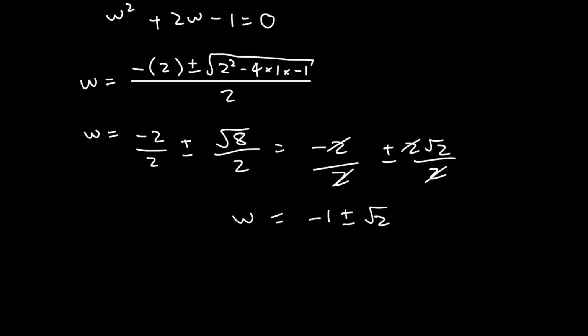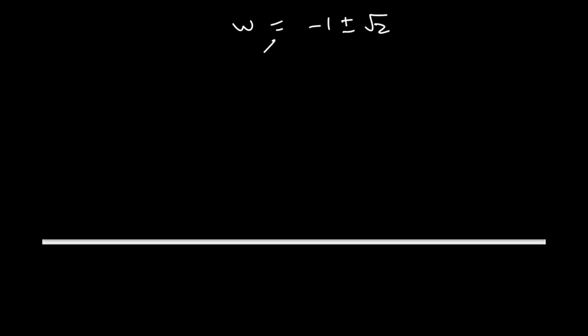Okay, from this point, we'll split it up further. We say w is equal to minus 1 plus the root of 2, or w is equal to minus 1 minus the root of 2.